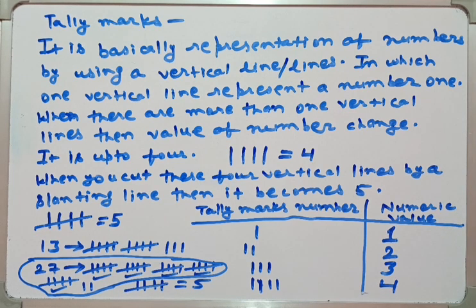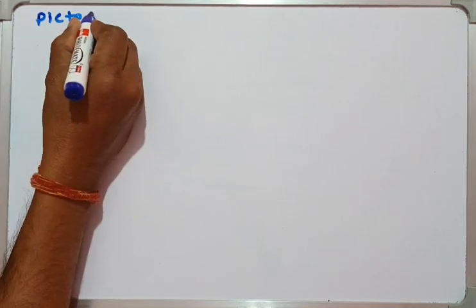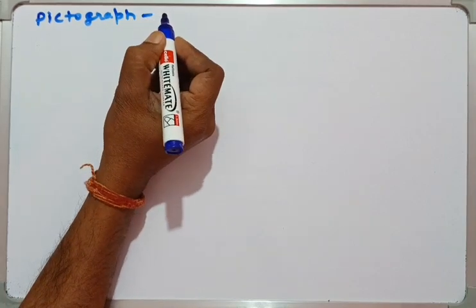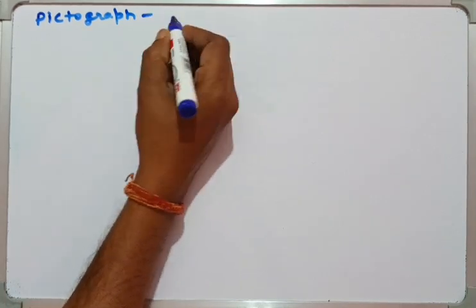Okay guys, now we next see about a graph, in which first we see pictograph. So what will be the definition?